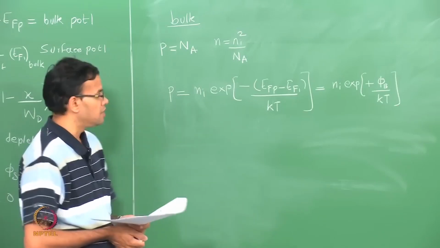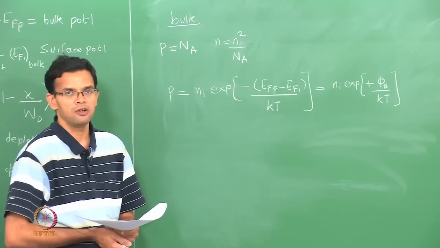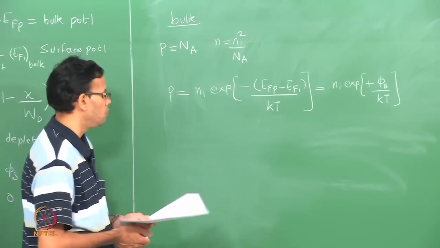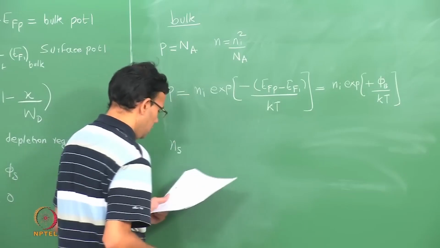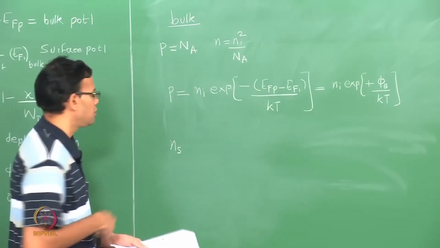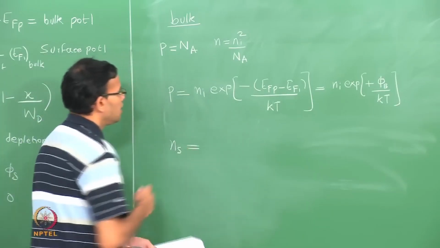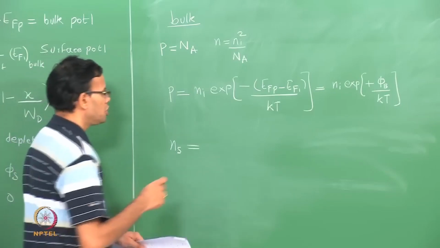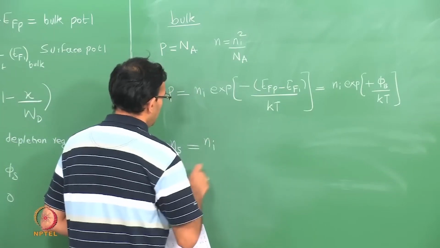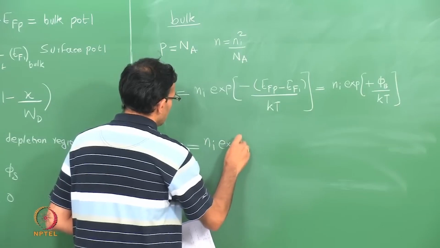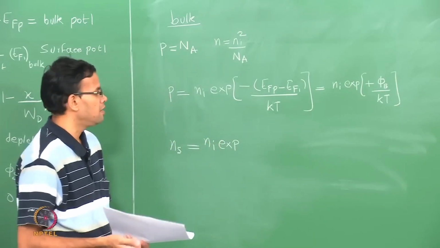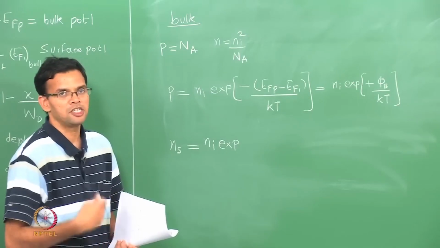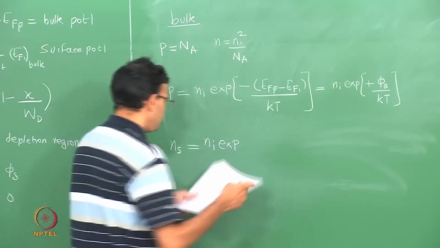Same way, at the surface we can also define a concentration of electrons and holes. So if you were to do that, Ns, so this is the concentration of electrons at the surface. It is again related to the position of the Fermi level. So Ni exponential, and this we can simplify to include the surface potential and the bulk potential.